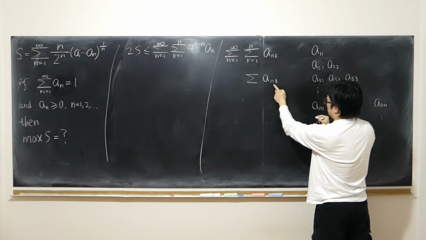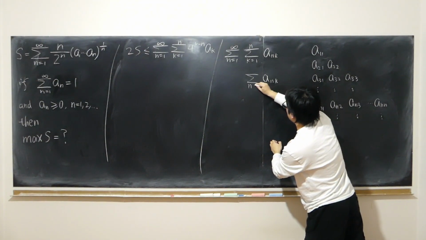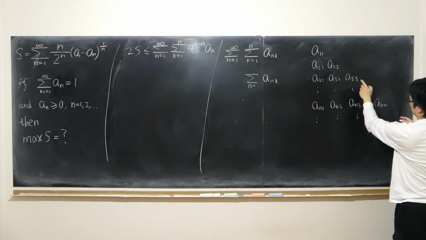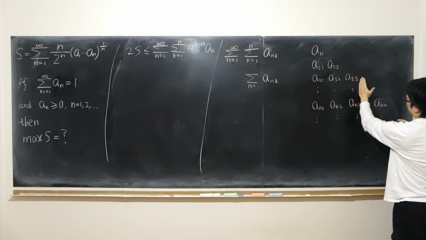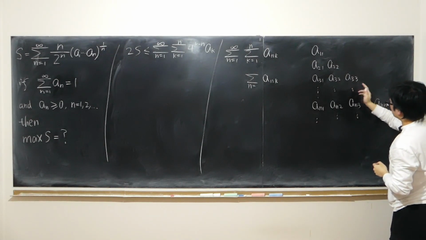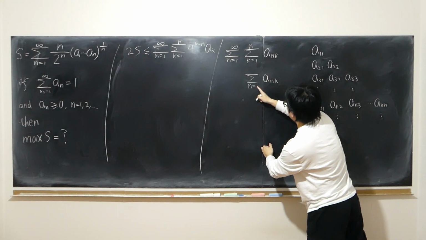K is fixed. So like n, we sum with regard to n. N starts from 3, for example. Start from the number k. If it's k, we start from k. So for column 3, we start from 3 as well. If it's column 4, we start from row number 4. So n always starts from k.